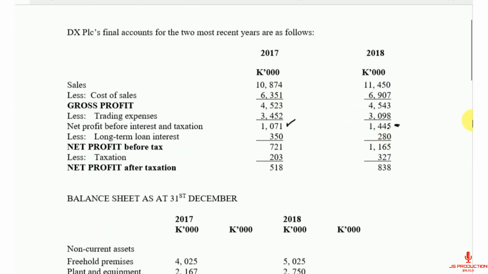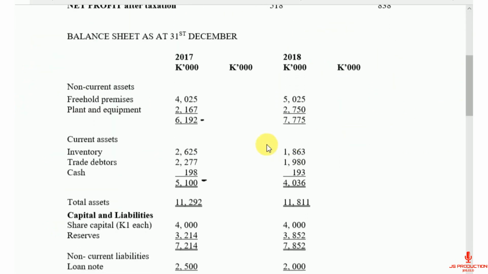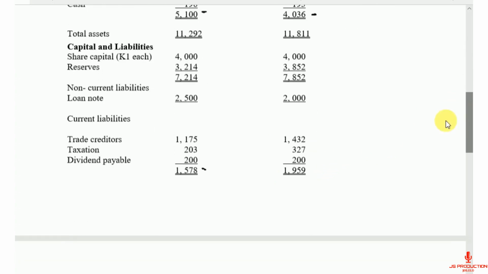So the first thing is your current assets, which is 4036 minus 1959.